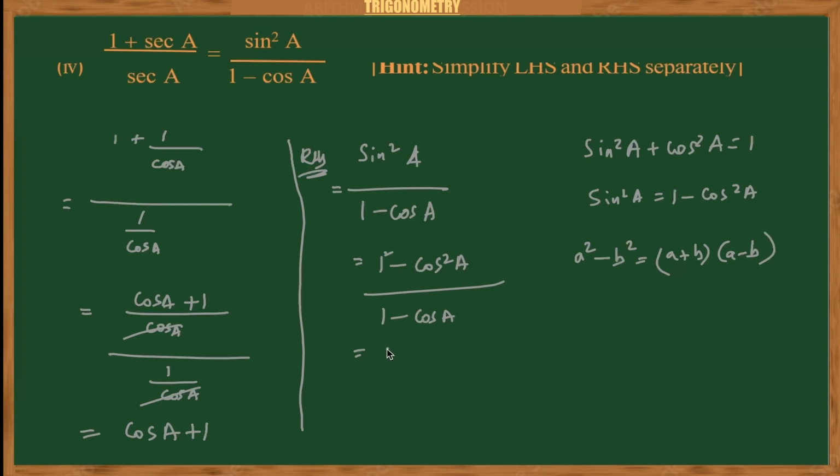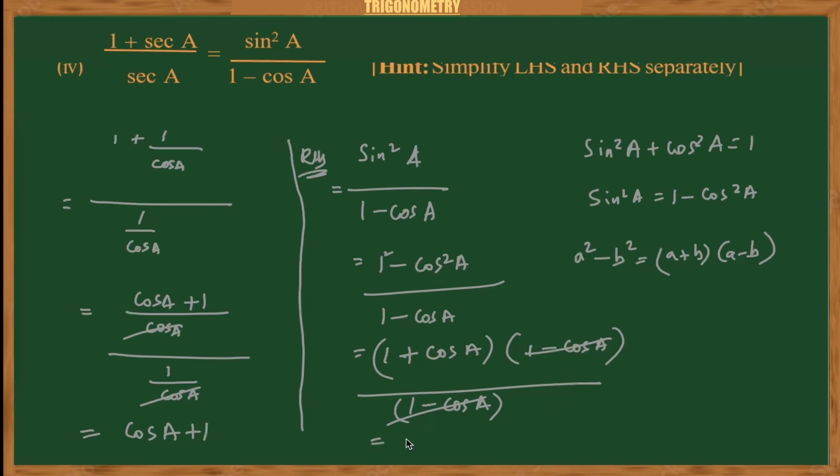So we can replace here in this format: a is 1, plus b is cos A, into a minus b, 1 minus cos A, divided by 1 minus cos A. If you can see, 1 minus cos A and 1 minus cos A get cancelled, and 1 plus cos A is remaining.